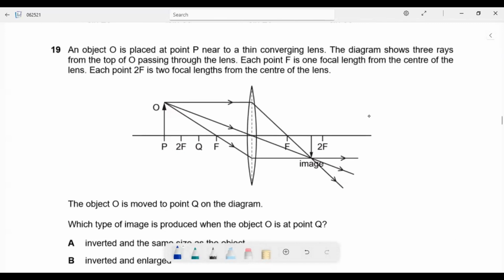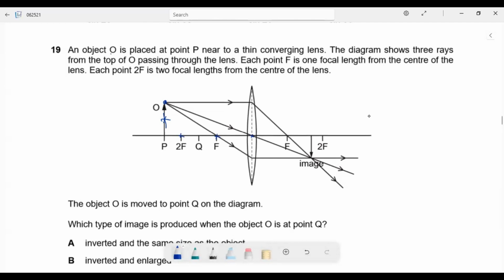Next, an object O is placed at a point P near a thin converging lens. The diagram shows 3 rays from the top of the O passing through the lens. Each point F is 1 focal length from the center of the lens. Each point 2F is 2 focal lengths from the center of the lens.